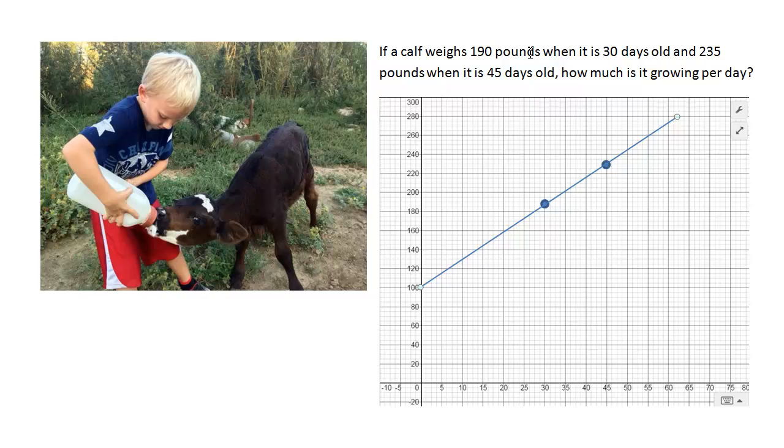We can calculate that slope by figuring out what the change is in our rise versus the change in our run. So how much are we rising? The y values are changing from 235 pounds to 190 pounds.